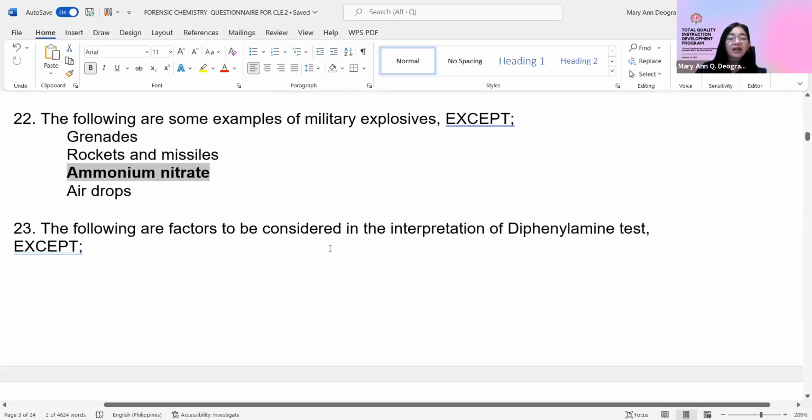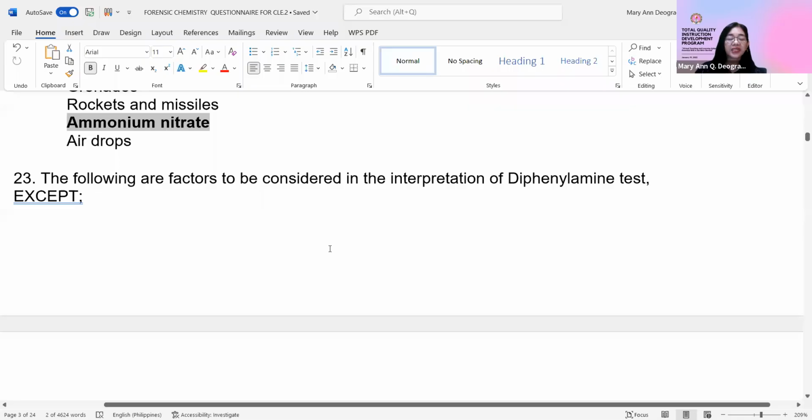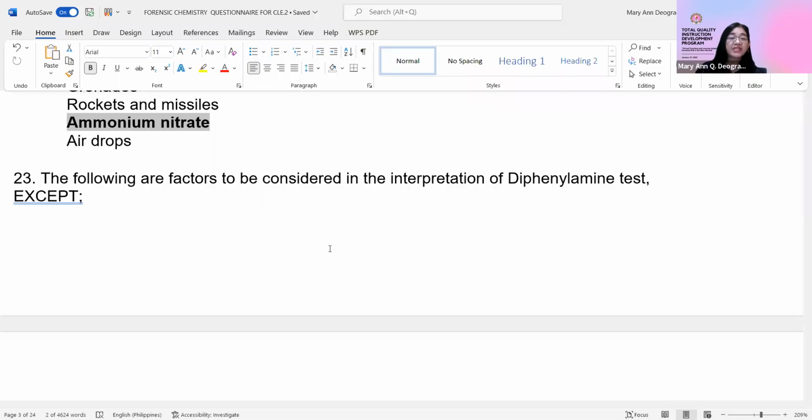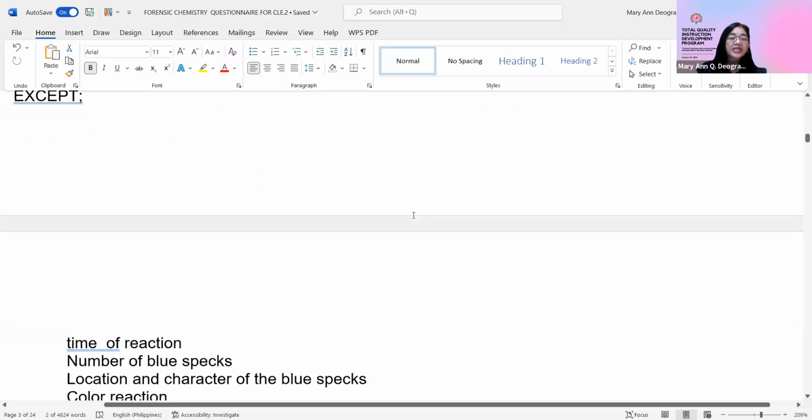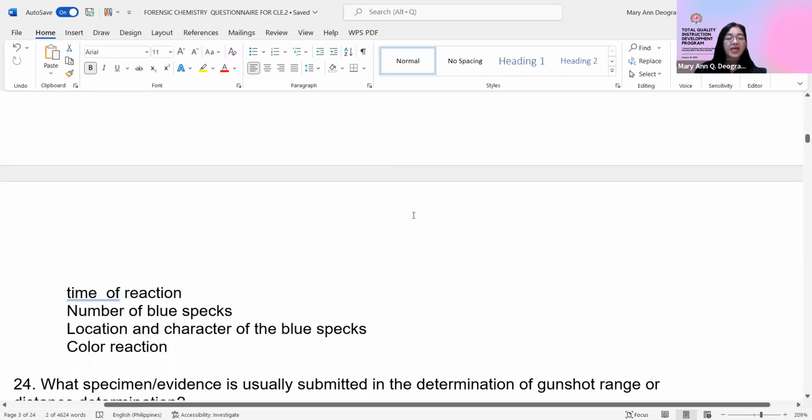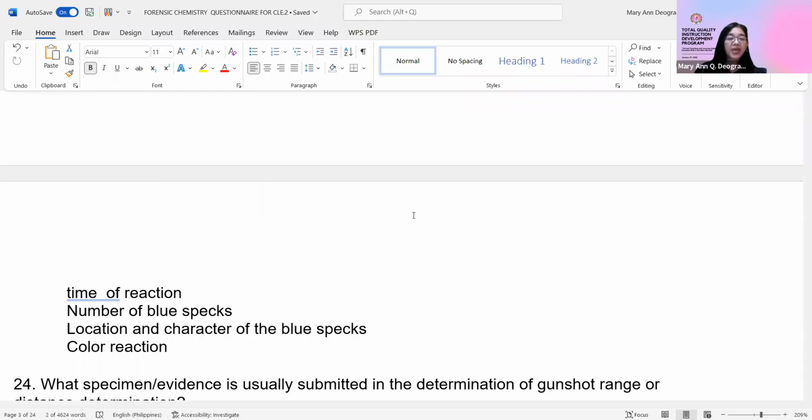Number 23. The following are factors to be considered in the interpretation of DPA paraffin test, except? Okay, so anong exceptions niyan? Is it time of reaction, number of blue specks, location and character, and then the color reaction? Okay, ang multiple choice kasi is alin dyan yung hindi sagot.